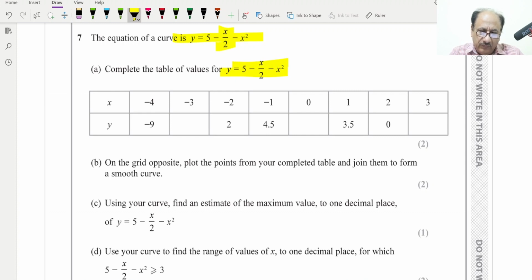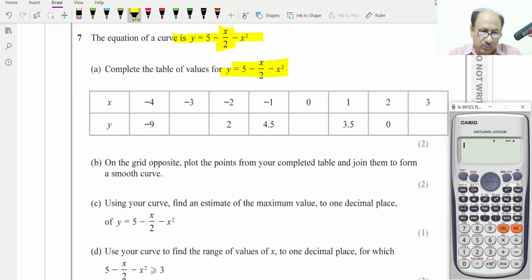We can use the calculator, so we will write 5 minus alpha x over 2, divided by 2, and then minus x squared, so alpha x and whole squared. And now we have to calculate these blank values.